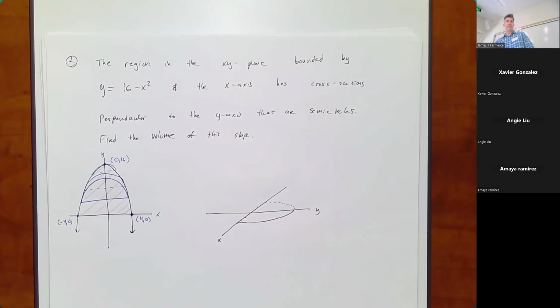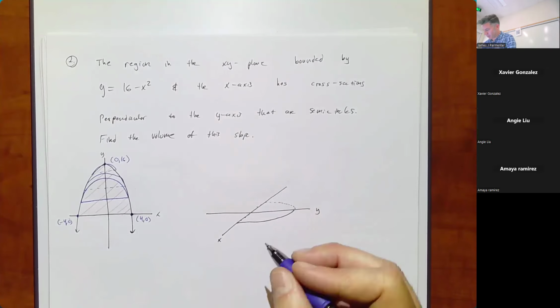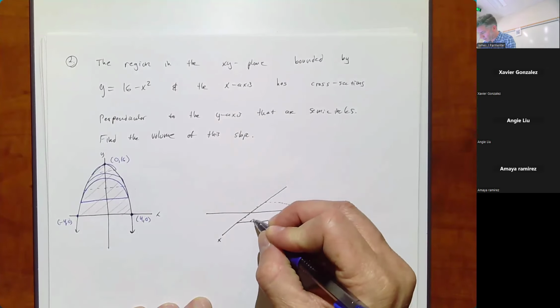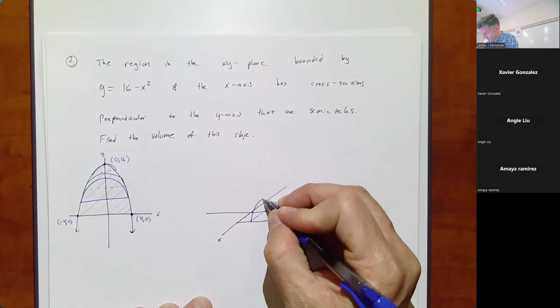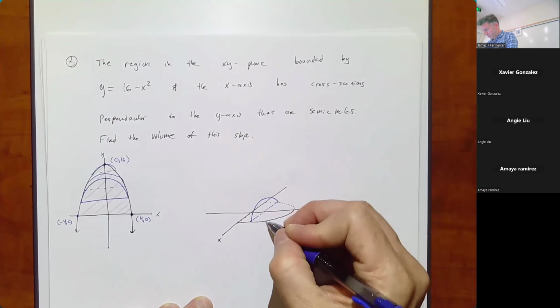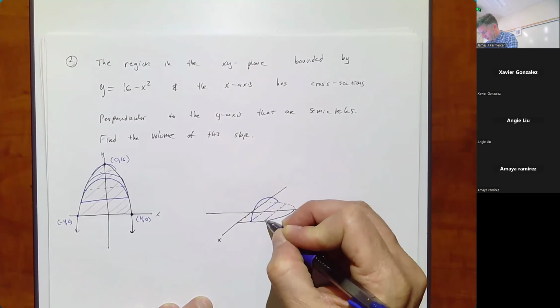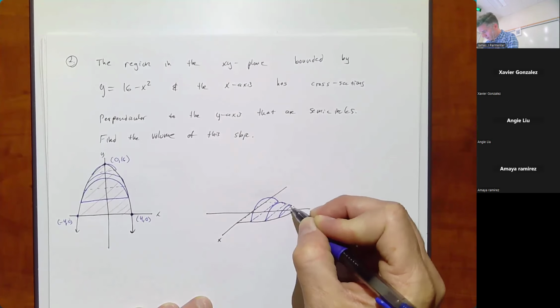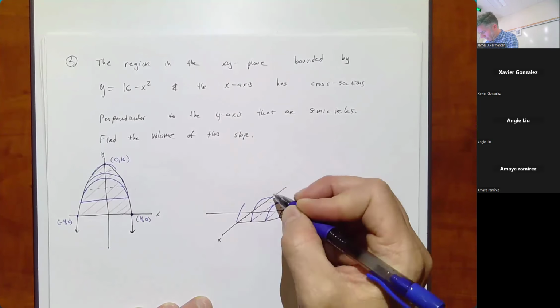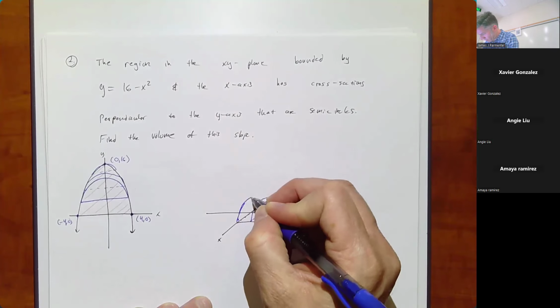I'm drawing it dashed on the other side because I know I'm going to pop up out of it. And then here's the cross section that I was trying to draw before, perpendicular to the y-axis, and there's my semicircle. Hopefully that's a little easier to see what I mean by this shape here.